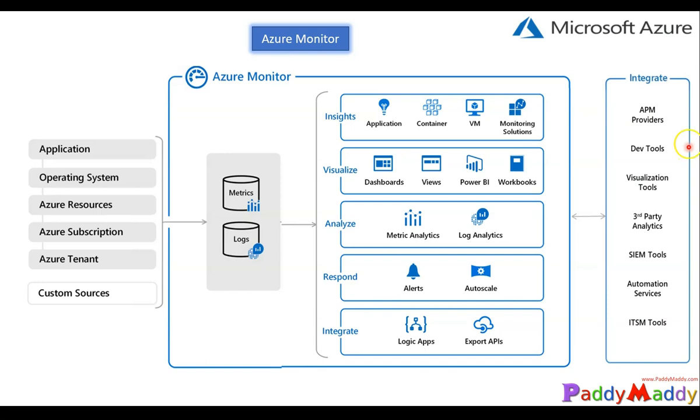Let's take one final example before we wind up. Say some application is going wrong, so you get that information from Application Insights, where the debug logs are sent to Log Analytics, and that information is visualized with the help of Power BI, views, or the dashboard.